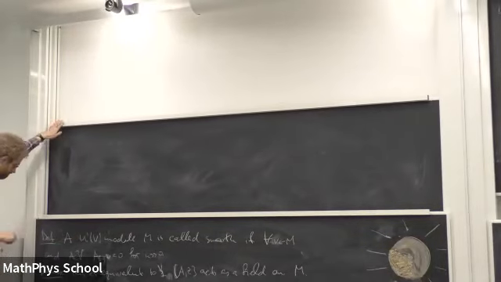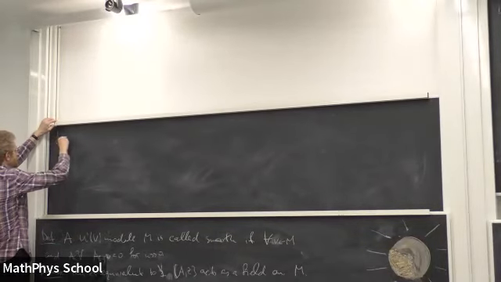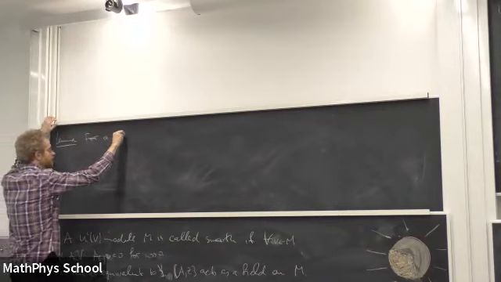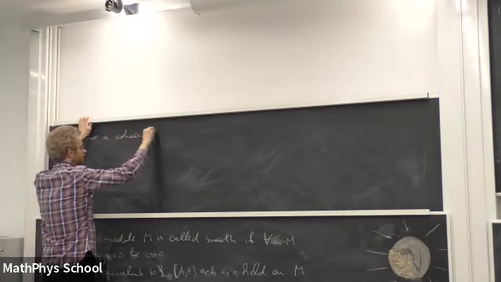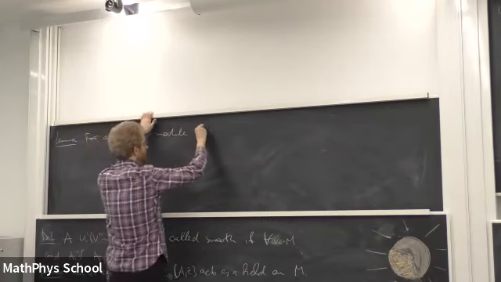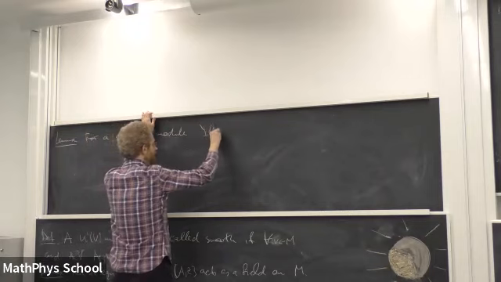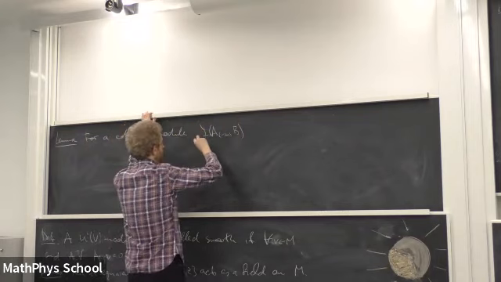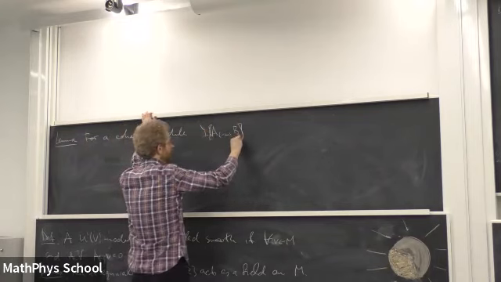So, lemma: for a coherent module, Y of a_(-m) b equals to what?